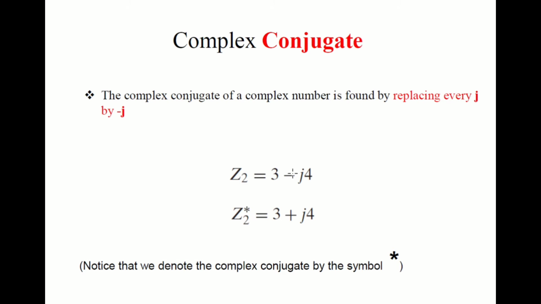To change this complex number to its complex conjugate, we replace the j here with minus j. So the sign changes from negative to positive. That's how you change a complex number to its complex conjugate, which is identified by the star.